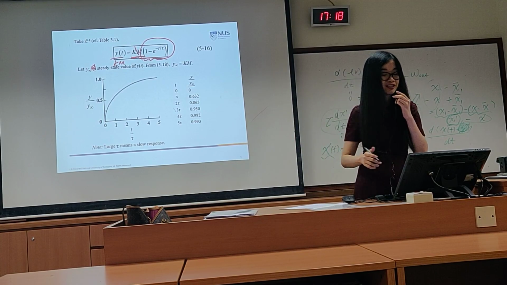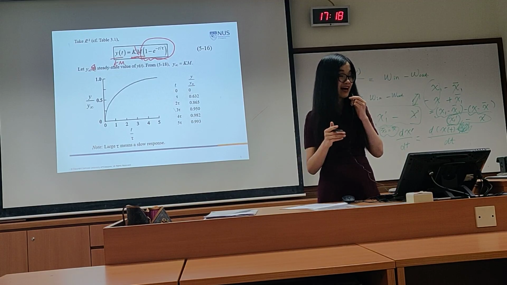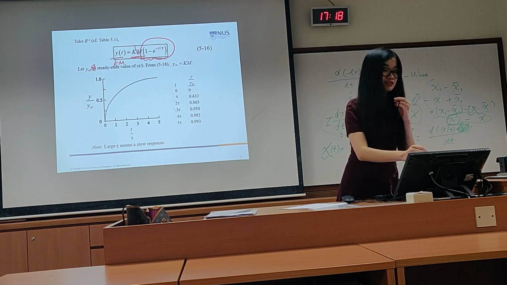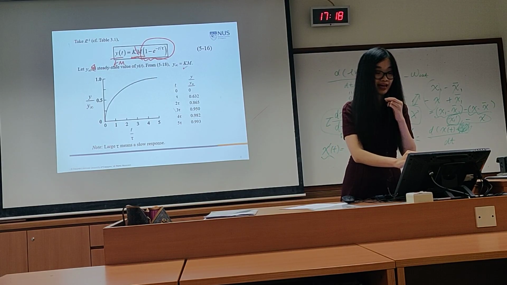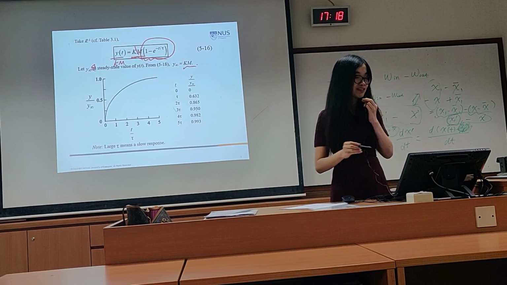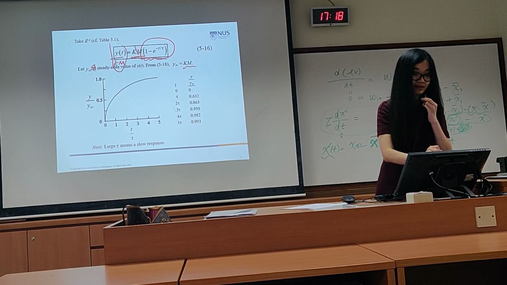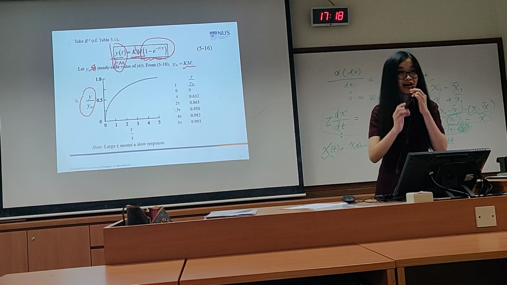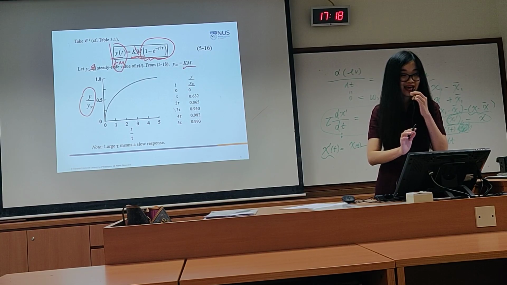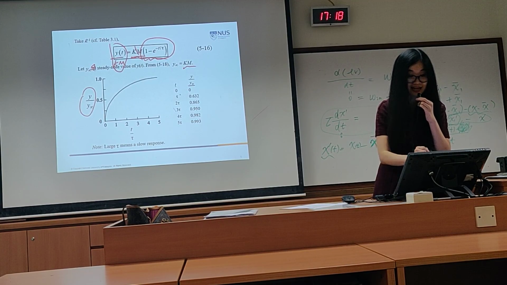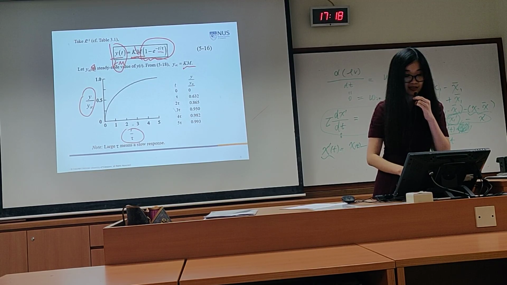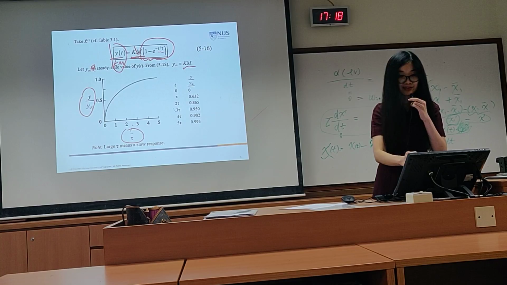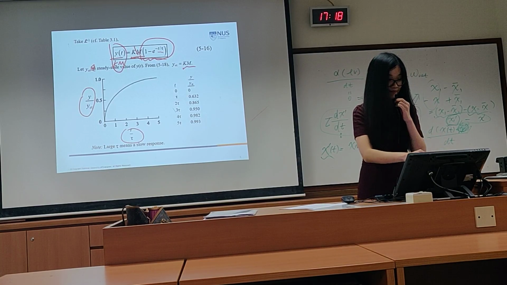By the formulation, we know that when t goes to infinity, this exponent goes to 0, so y infinity has a value of KM. Therefore, the left-hand side, we can define as a new y over y infinity to be our y-axis, and on the right-hand side, t over tau to be our x-axis. So we can plot this relationship on this plane.